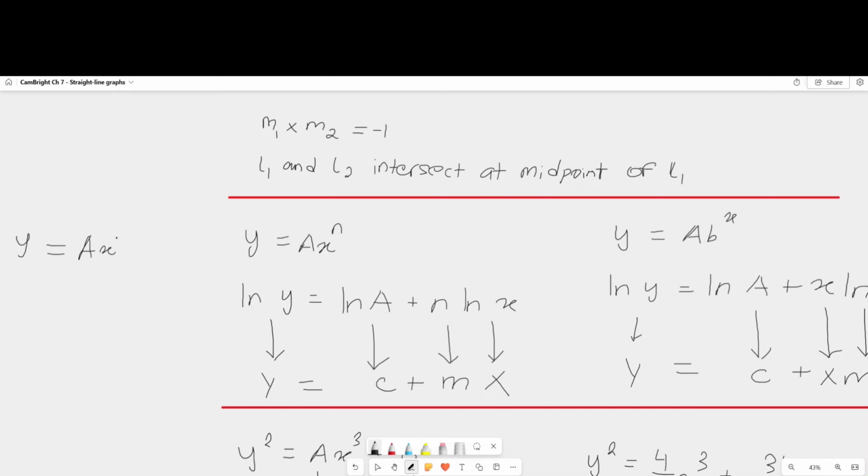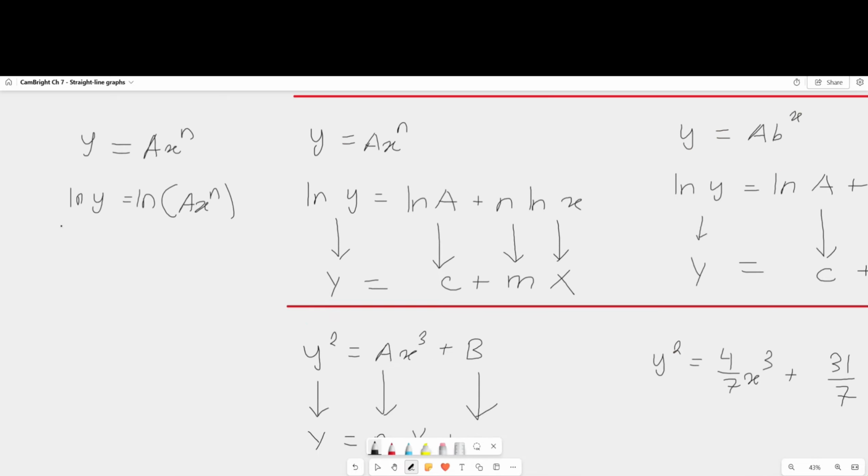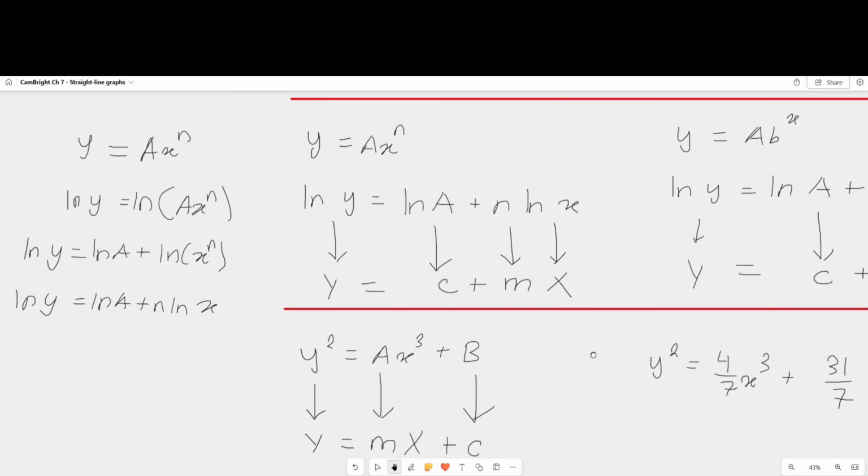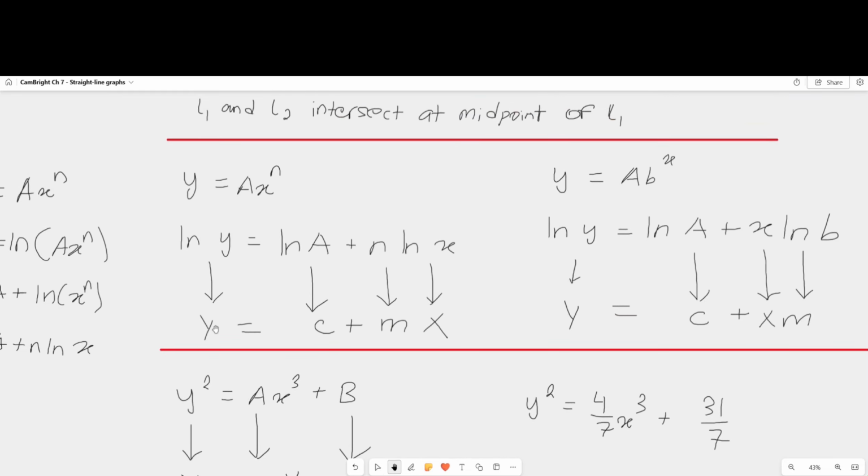Say y is equal to ax to the n. This gives us natural log of y is the natural log of ax to the n. Now, using the properties of logarithms, we can separate this to the natural log of a plus the natural log of x to the n, and the other property for exponents states that this is just going to be this.